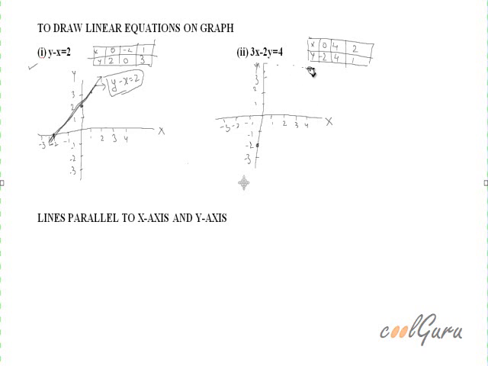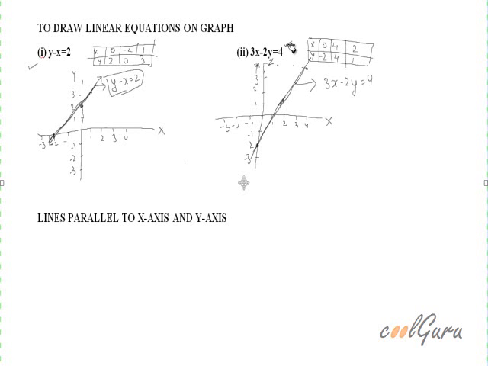So it is roughly here, 4, 4. And when x is 2, y is 1. So if I join these 3 points, I'll get a straight line. And this straight line is nothing but 3x minus 2y is equal to 4.